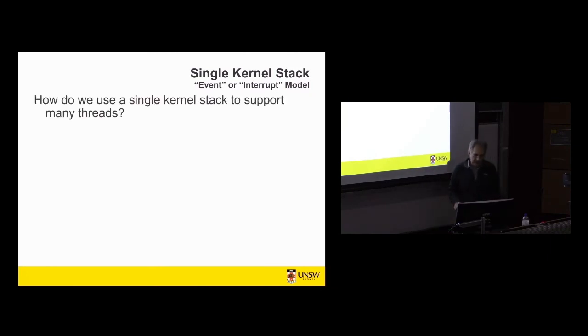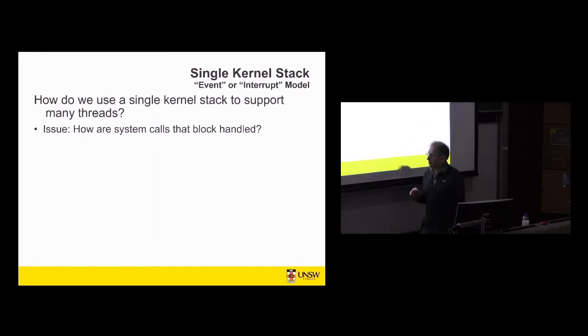So, how does a single kernel stack support many threads? The fundamental issue that ends up becoming tricky is, how do we support system calls that block if we've only got a single stack?